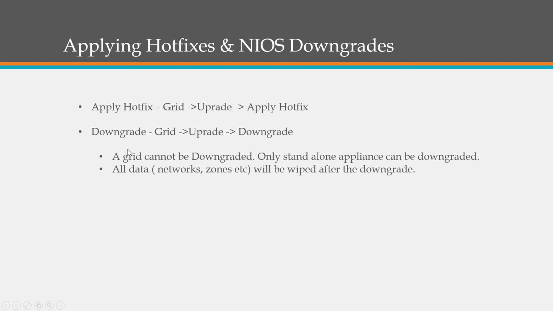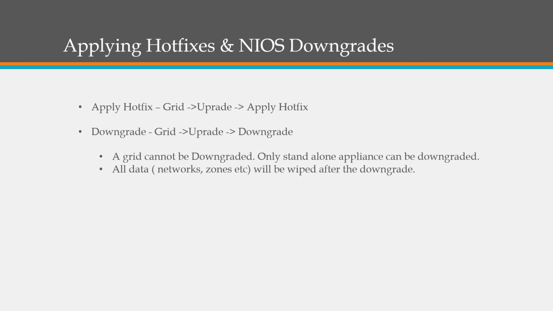The last option is the grid downgrade. Firstly, you need to understand that a grid downgrade is not possible. Even though I said grid, actually it's just the downgrade. The grid cannot be downgraded.